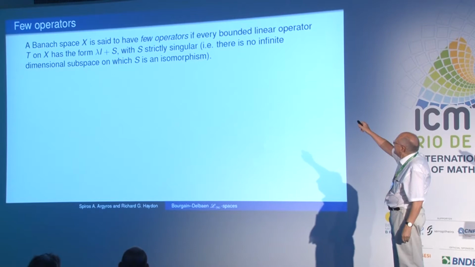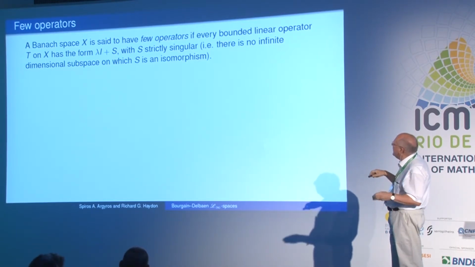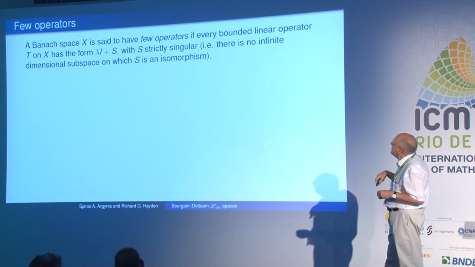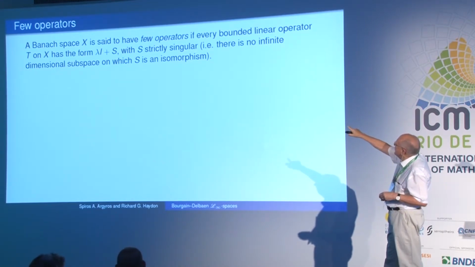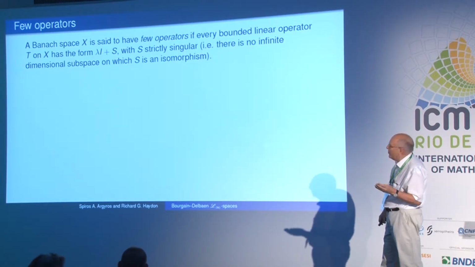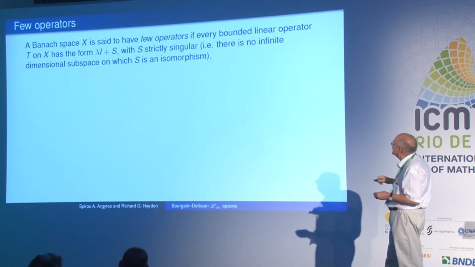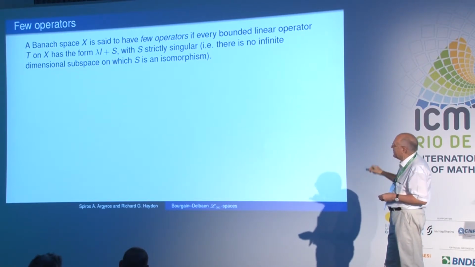The counterexamples in the Gowers-Maurey theory had what are called few operators. That is to say, they were perturbations of a scalar multiple of the identity by a strictly singular operator. Strictly singular operators form a class bigger than the compact operators.